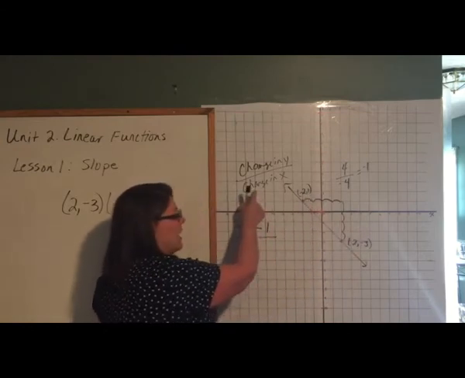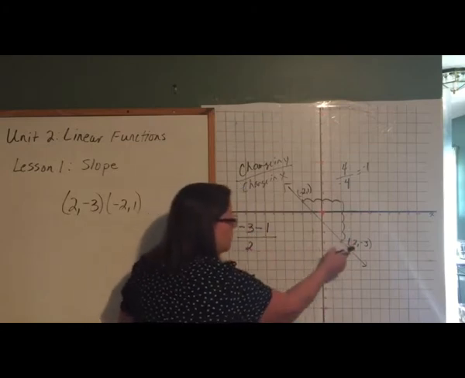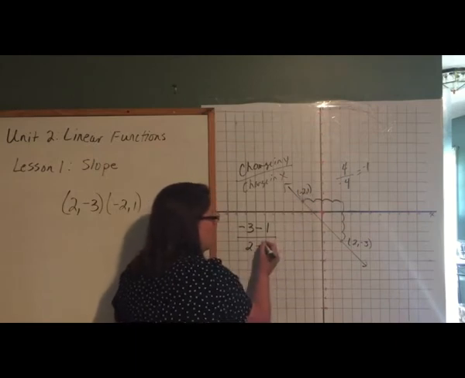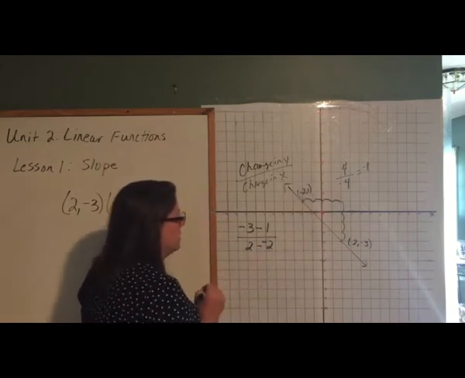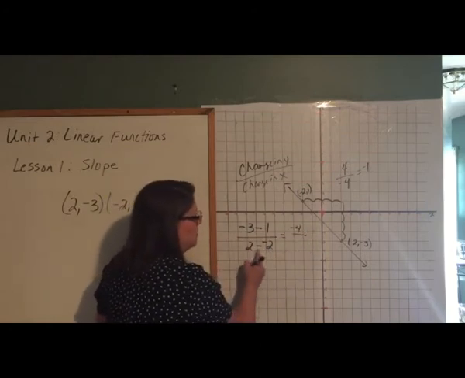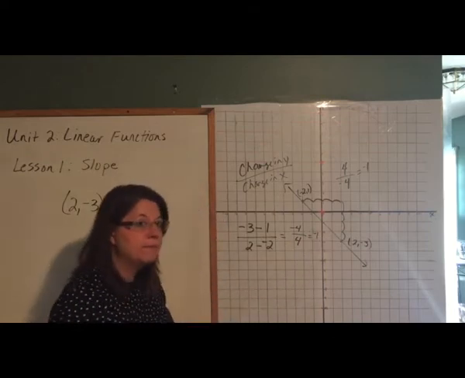And then for change in x, I'm going to take the x value on the same ordered pair that I started with before, and I'm going to subtract the second x value from it. Well, -3 minus 1 is -4. 2 minus -2 is 4, leaving me with -1.